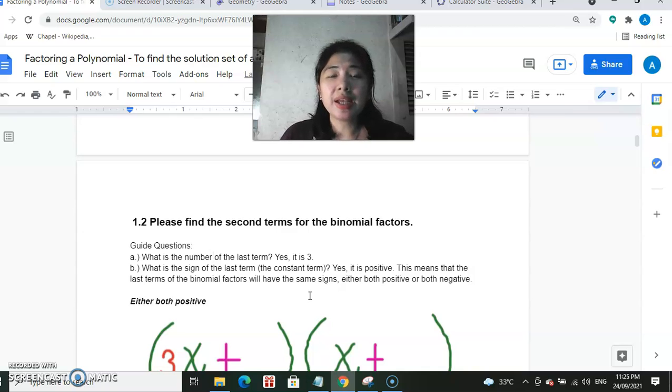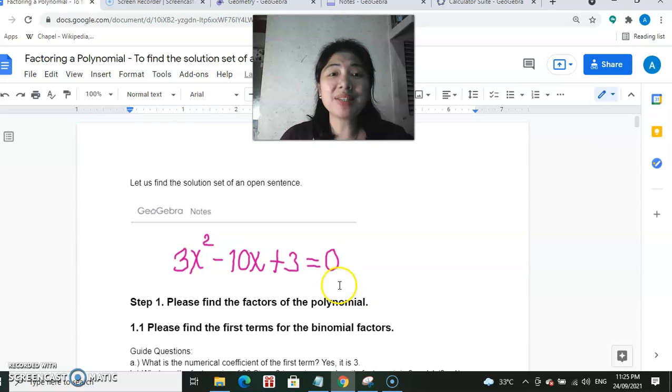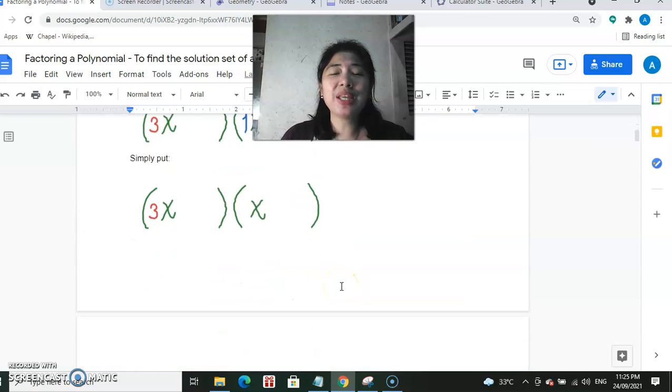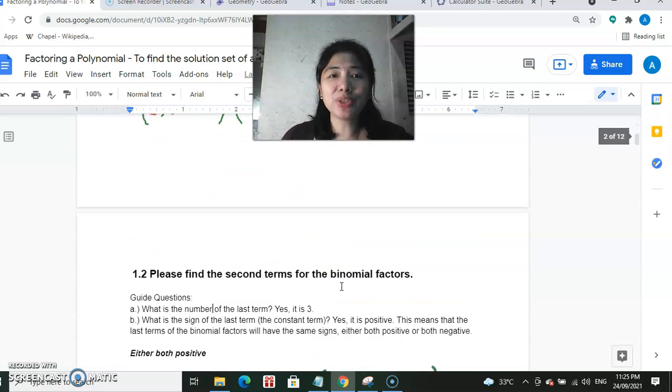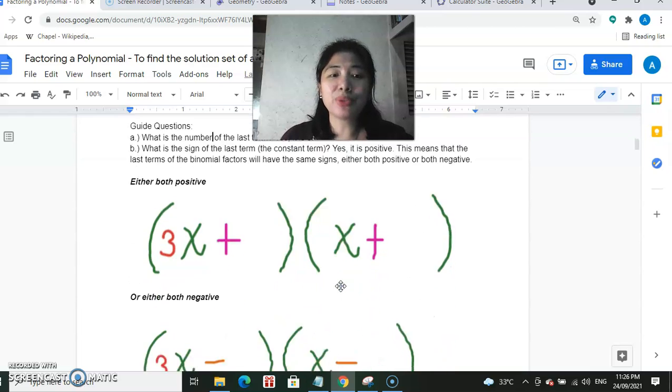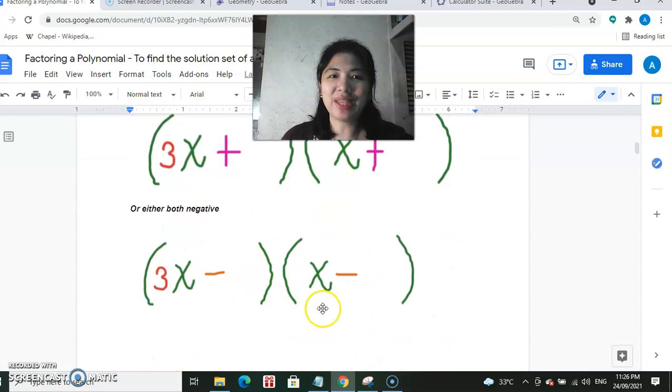The next thing that we need to investigate is the sign of the last term. What is the sign of the last term? It's positive. So the numbers in the second terms of the binomial factors will have the same signs, either both negative or both positive. Which is which?